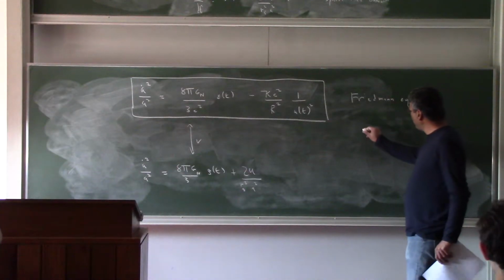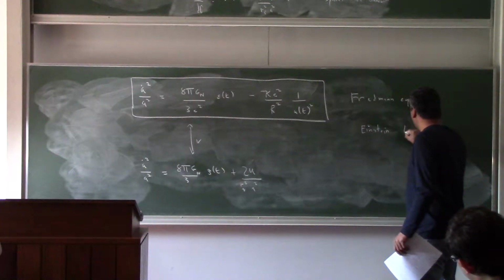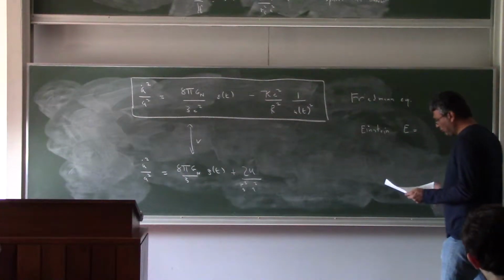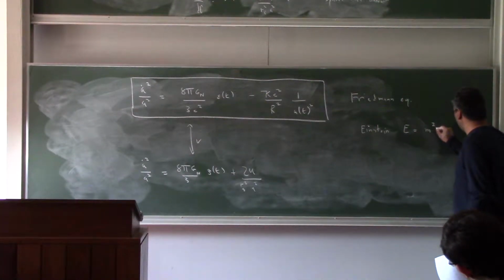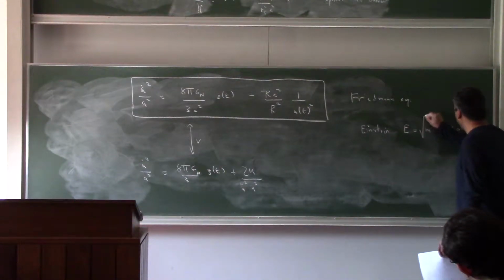Yeah. Okay, so remember that Einstein told us in special relativity that the energy is the square root of m squared c to the fourth plus p squared c squared.